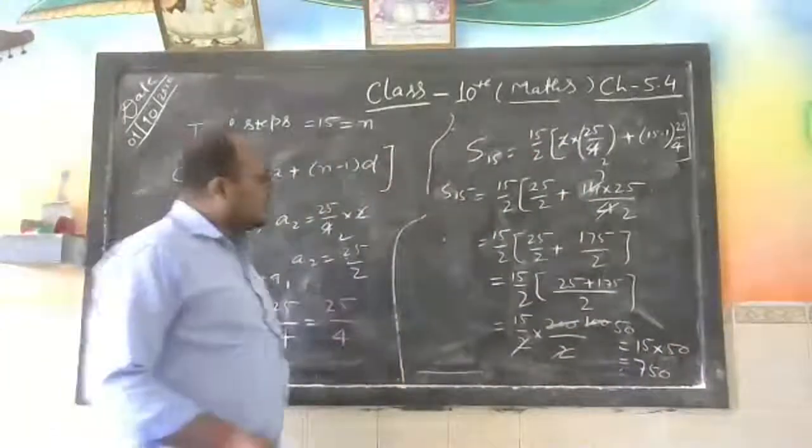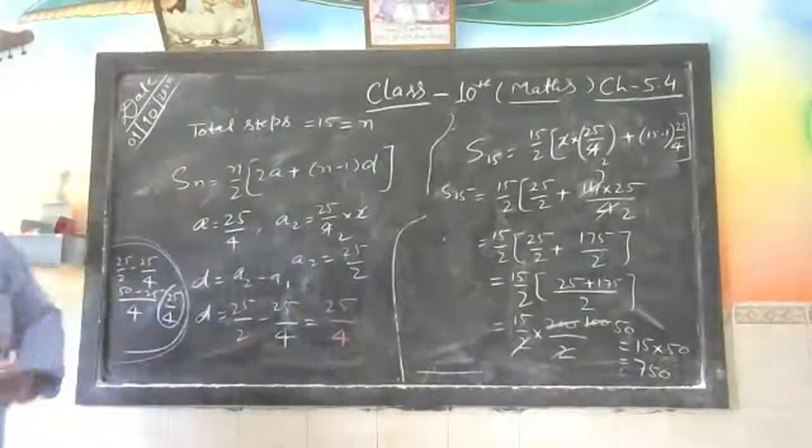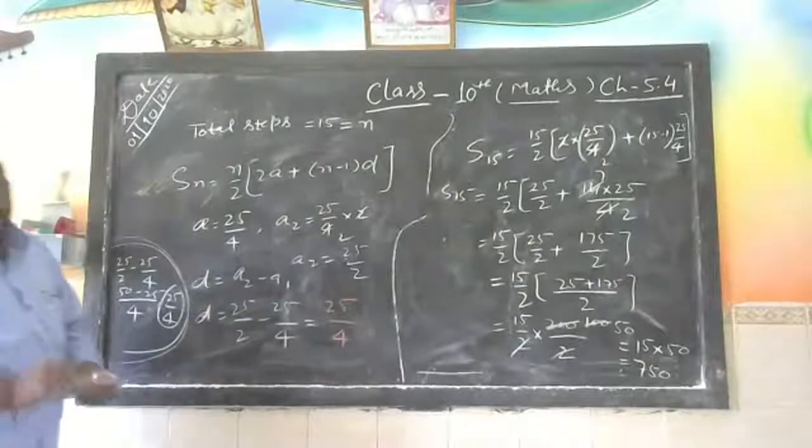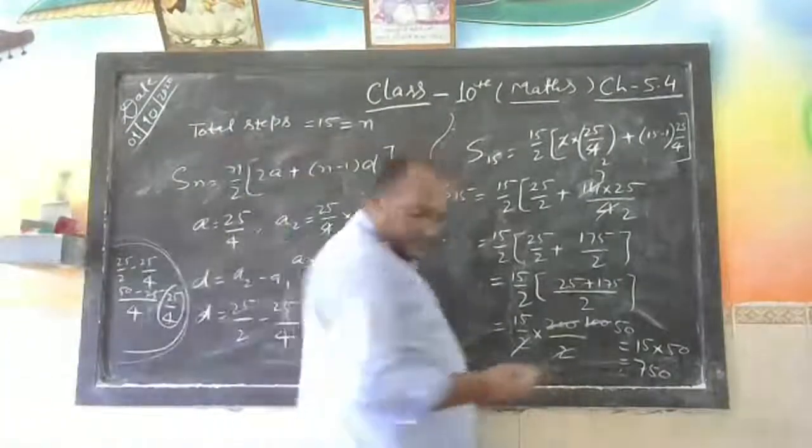So the total volume is equal to 750 meter cube.